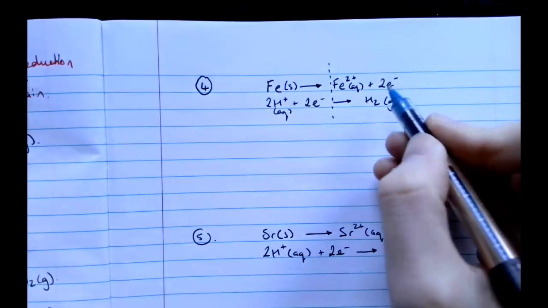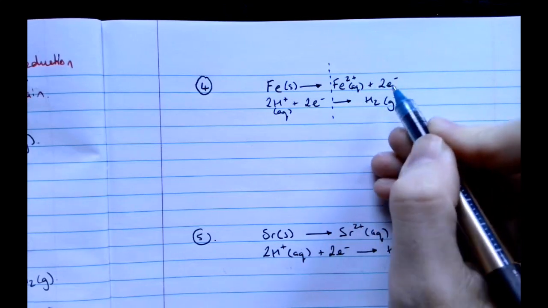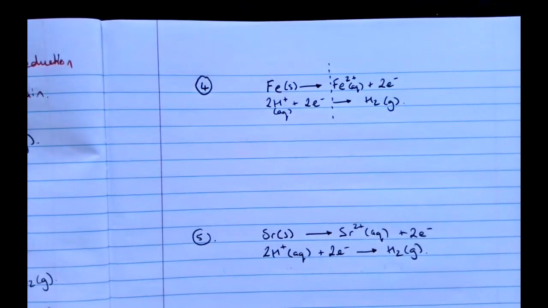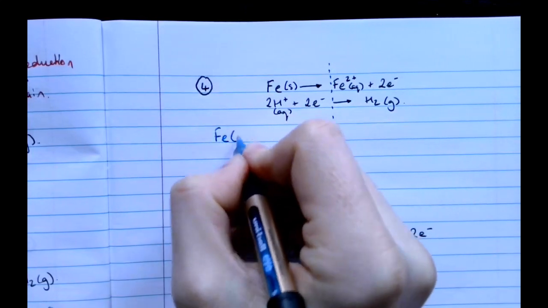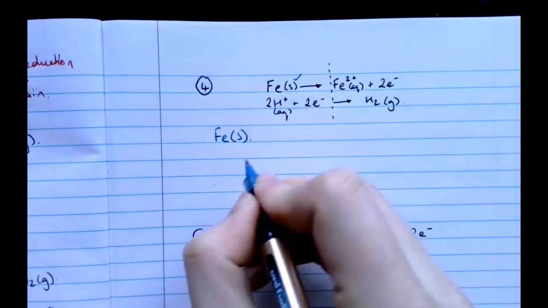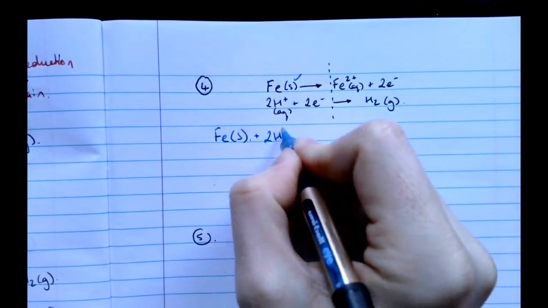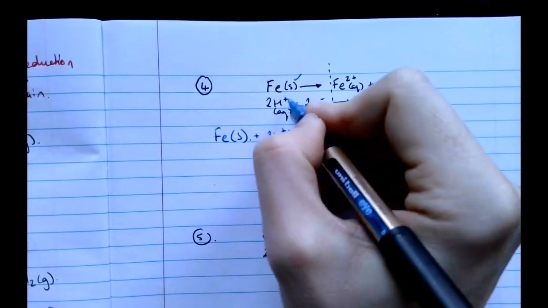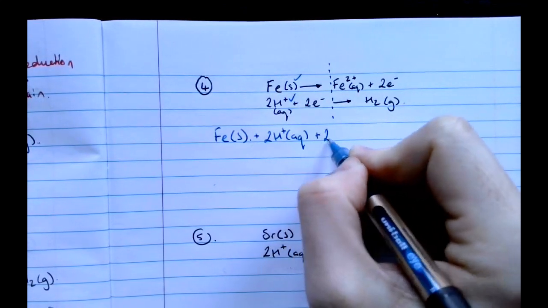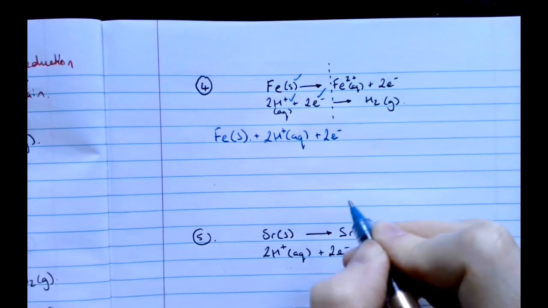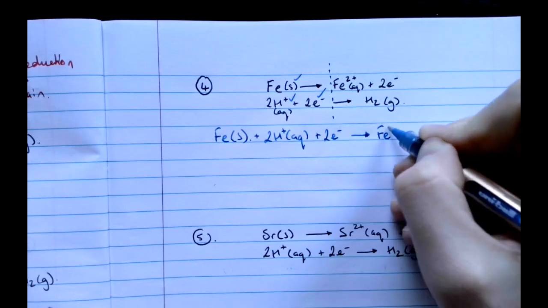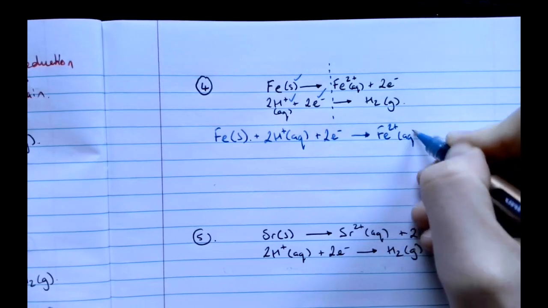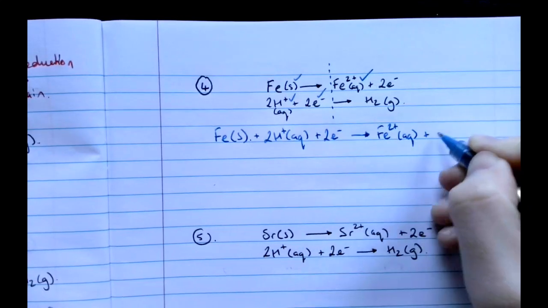So on the left-hand side, I've got Fe solid, that's that one, plus 2H+ (aq), that's that one, plus 2e-, that's that one, is going to make Fe2+ (aq), that one, plus 2e-, that's that one, plus H2 gas, that one.